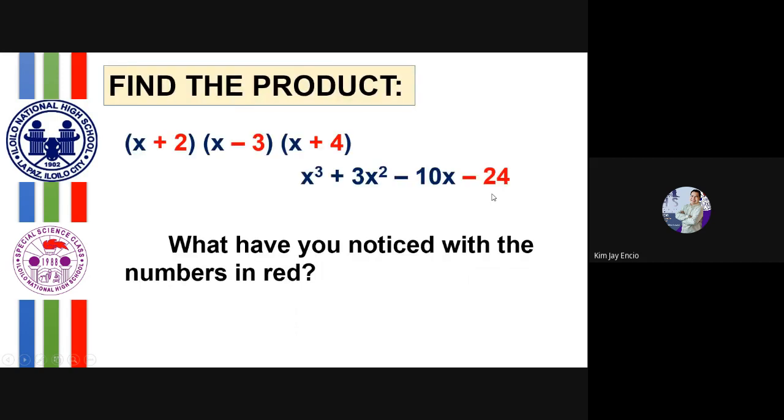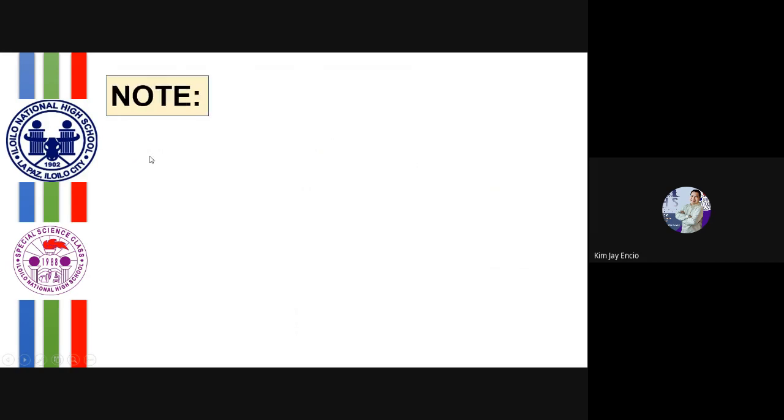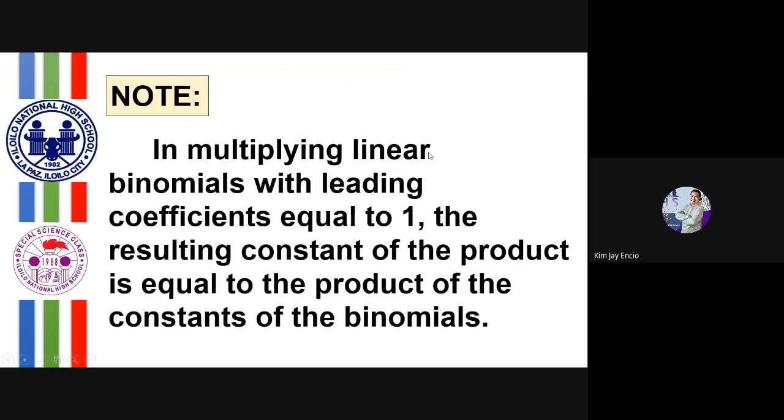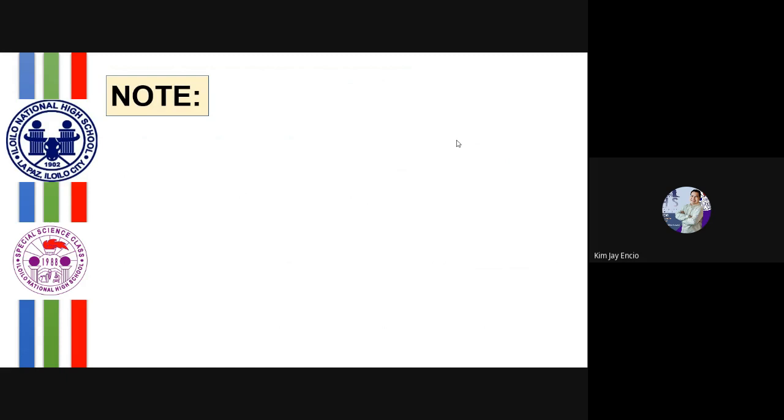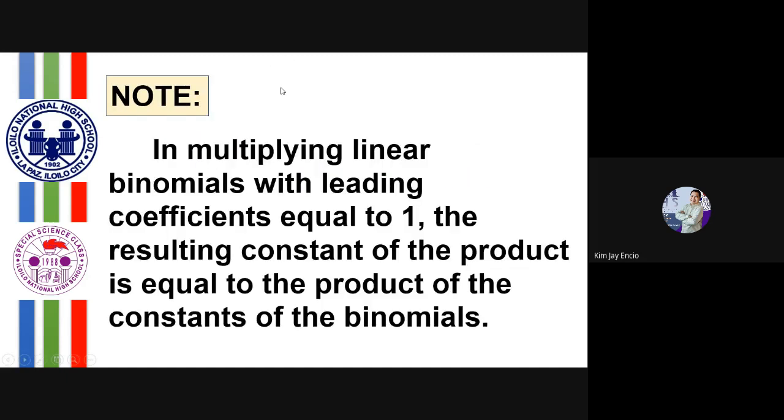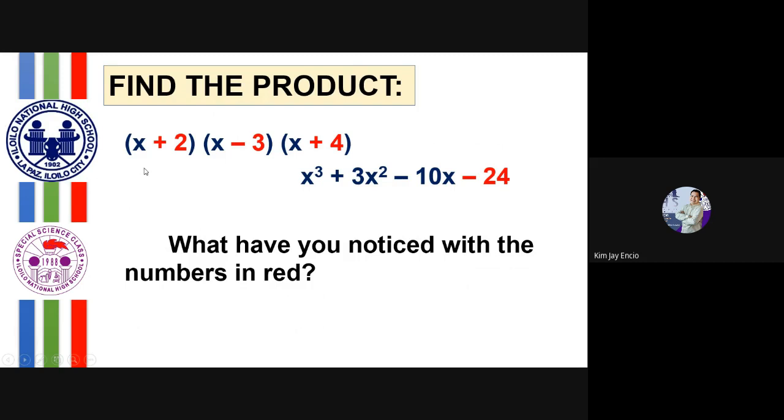That's why we have to remember this, ladies and gentlemen: in multiplying linear binomials with leading coefficients equal to 1, the resulting constant of the product is equal to the product of the constants of the binomials. So if you are just asked what's the constant term of the product, just say, okay, 2 times negative 3 times 4, which is negative 24.